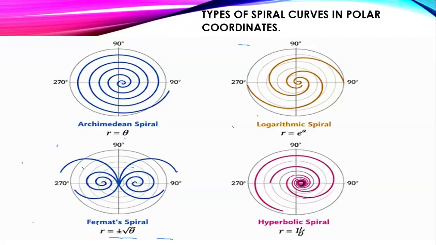The logarithmic spiral, we have r is equal to e to a power. The Fermat spiral, we have r is equal to the positive and negative roots of θ. And the hyperbolic spiral, we have r is equal to 1 upon α. Next slide.